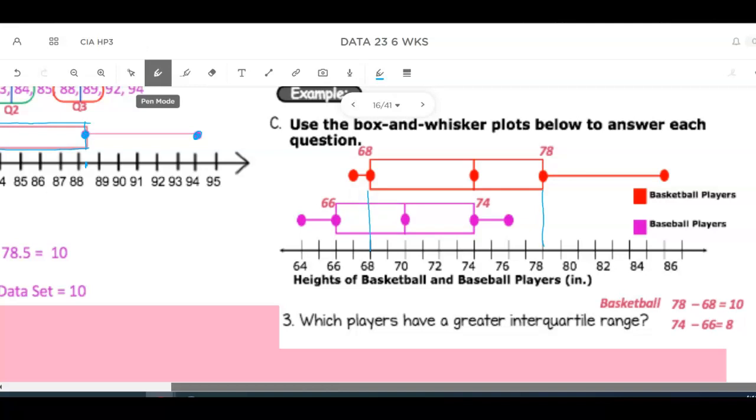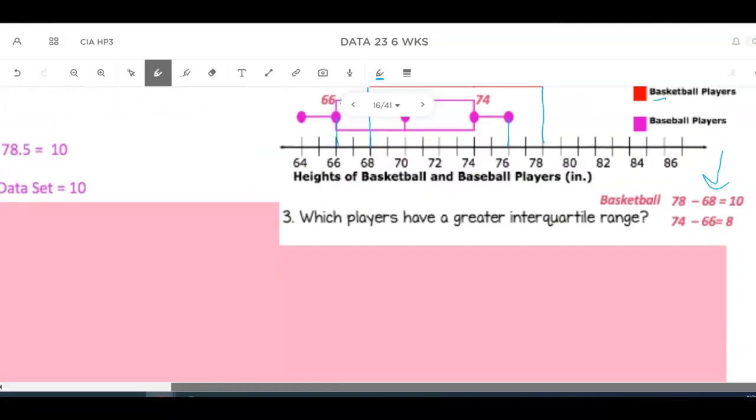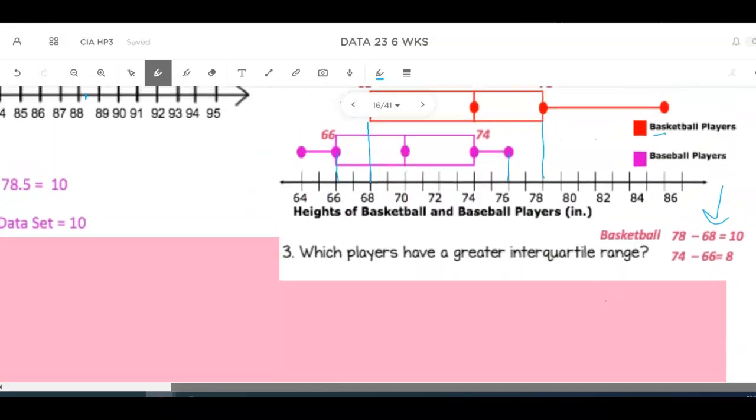We've got 68 and 78 for the basketball players. So that would just be right here. 78 minus 68 is 10, and 76 minus 74 is 8. That's for this one right here. Okay. Just a subtraction problem.